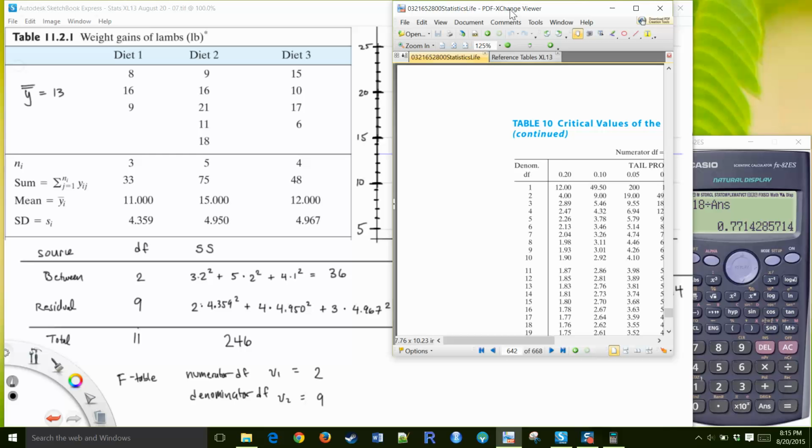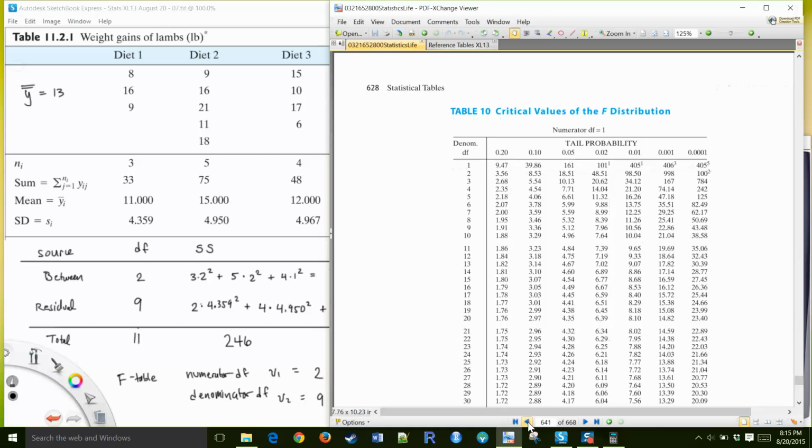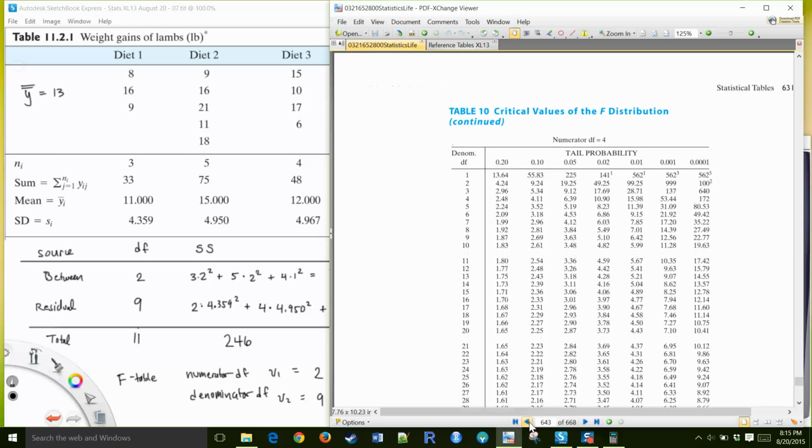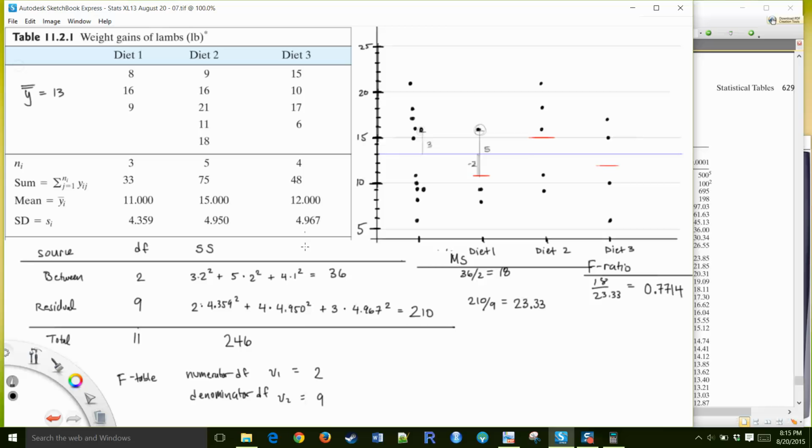And then I look here for my number, 0.7714. I see 0.7714 lies over here, which means my tail area would be what? Greater than 20%. So the tail is greater than 20%, which means my p-value is greater than 20%.